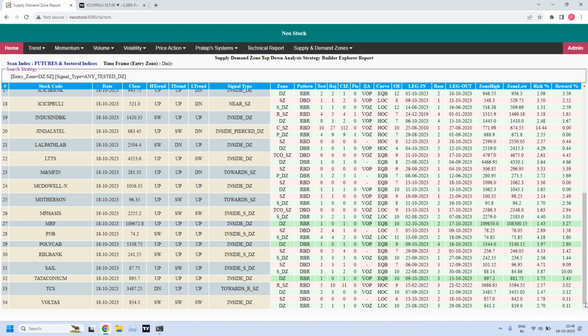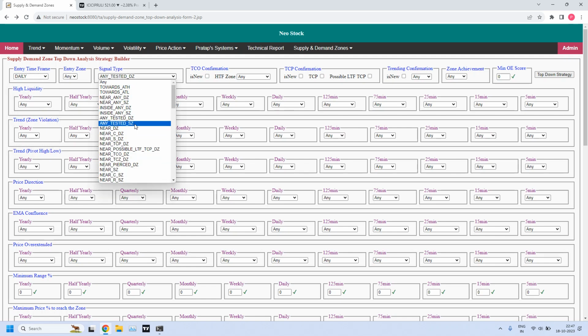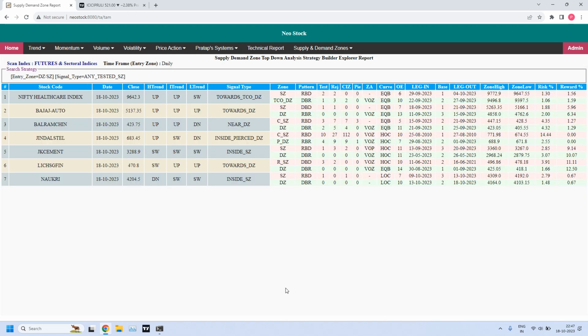Total 34 daily demand zones are tested. So let's go back. Entry time frame daily. Let us find the tested daily supply zones. Only 7 stocks, only 7 supply zones are tested.